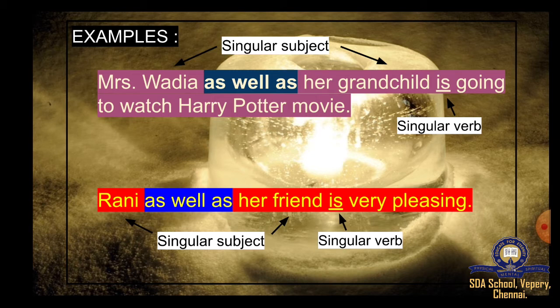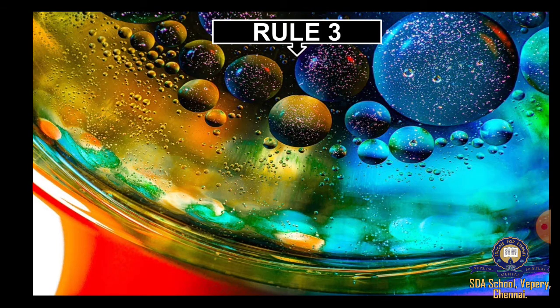So we have Rani and her friend, both singular subjects, and they are connected by as well as. So we have a singular verb, that is, is. So what did we see here? Two singular subjects connected by as well as will have a singular verb. So let's move on now to the third rule.